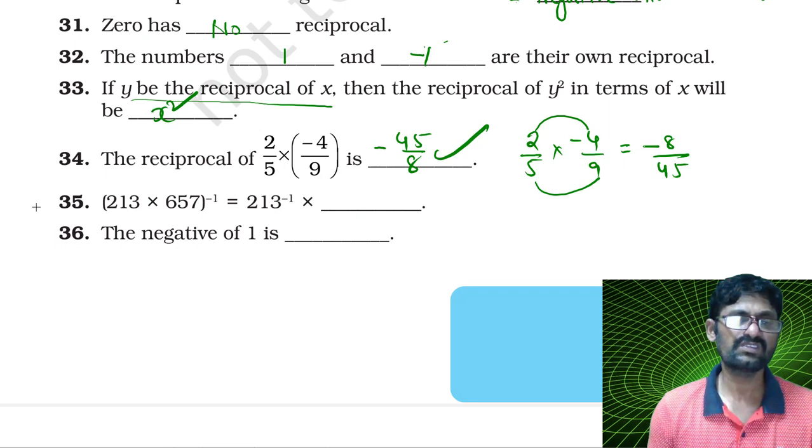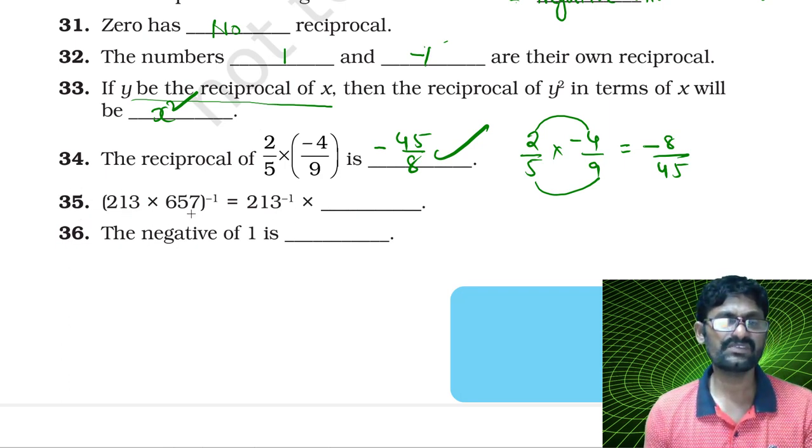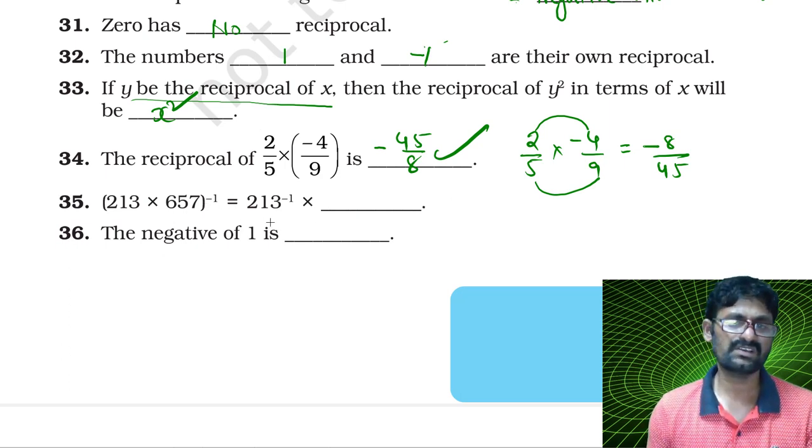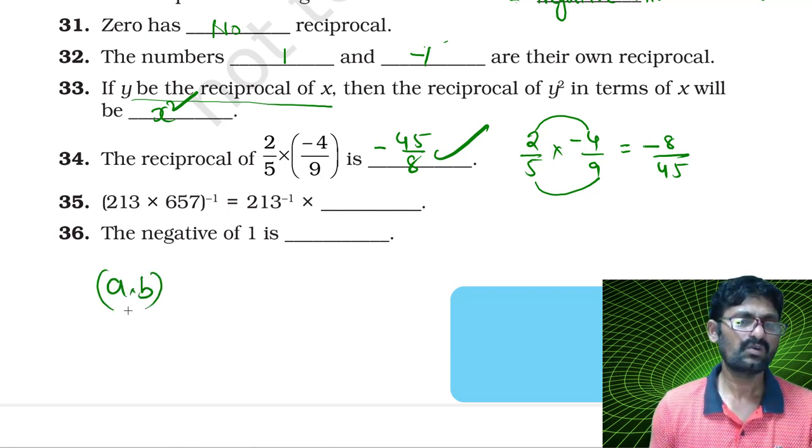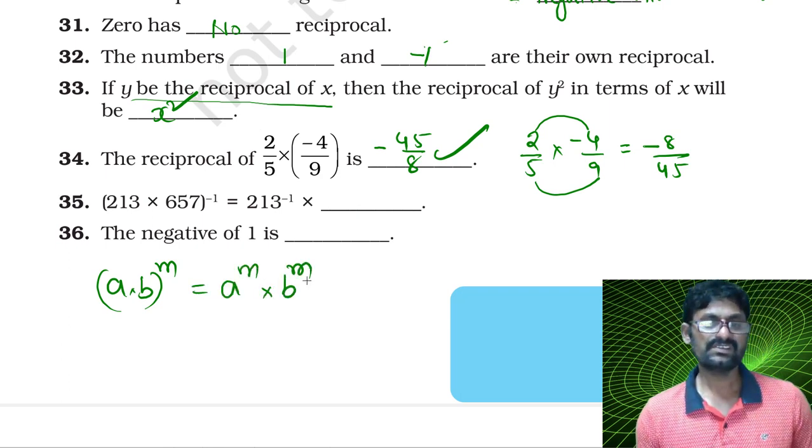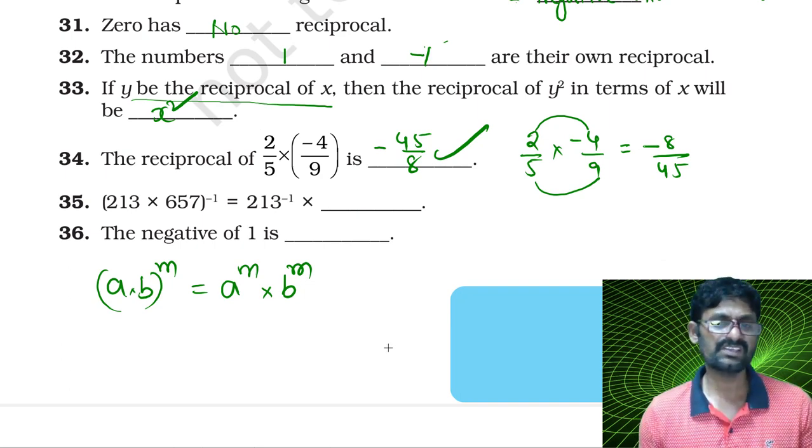Now let's move on to 35th problem. 213 times 657 whole to the power of negative 1 equal to. So we are given here (213 times 657) to the power of negative 1. We know that (a times b) whole to the power of m equal to a to the power of m times b to the power of m. This is the identity you need to remember and use in this case.